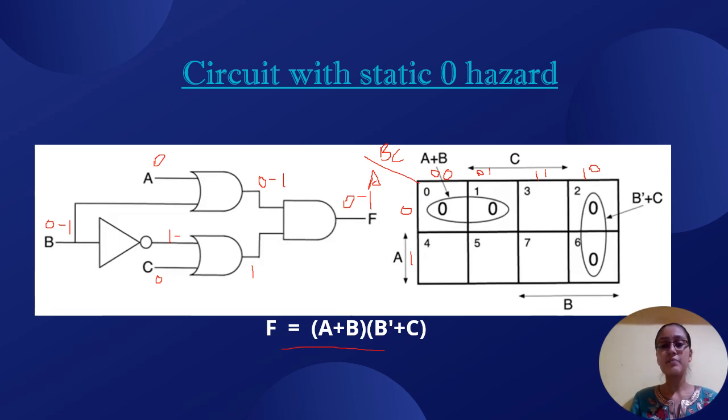In A plus B, that means here in the product of sums expression, the max terms we have are 0 1 and 2 6, where 0 is the variable and 1 is the complement. So this term expression will be A plus B, common to these two, and B bar plus C will come through this. I have plotted the expression in the K-map.